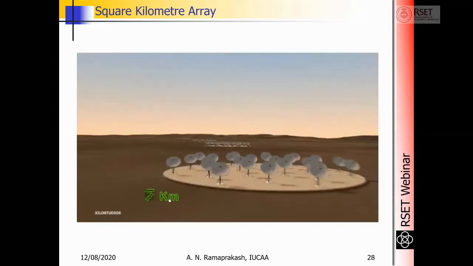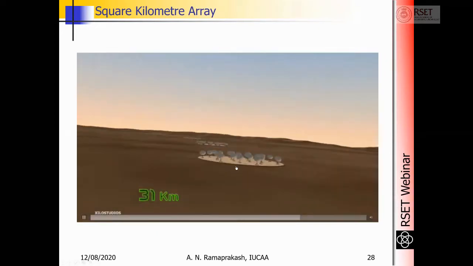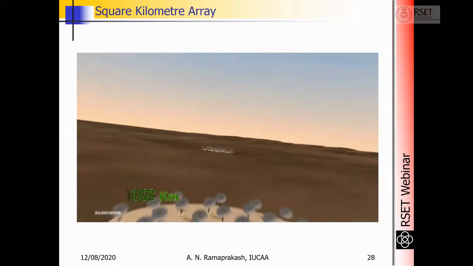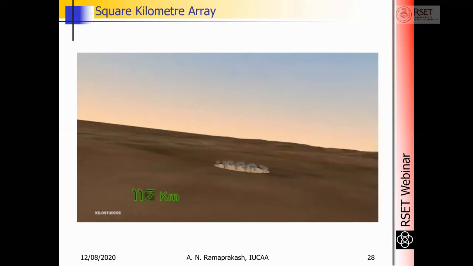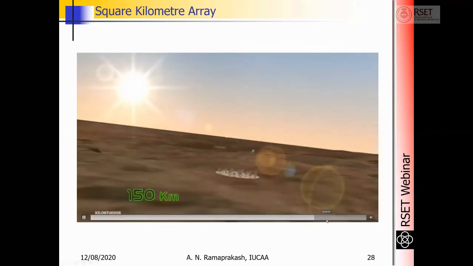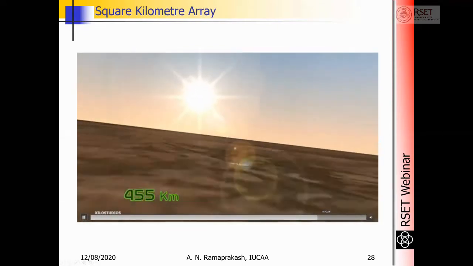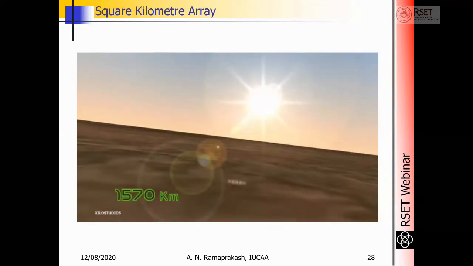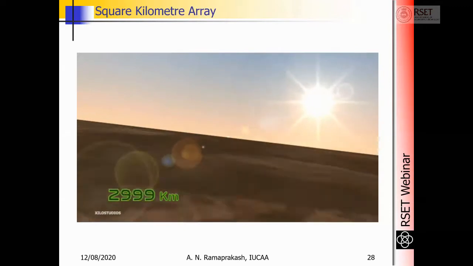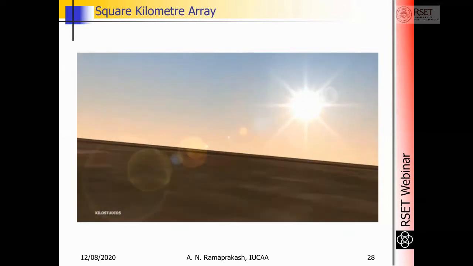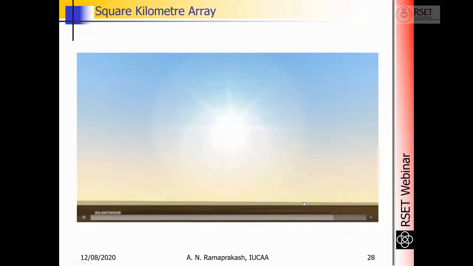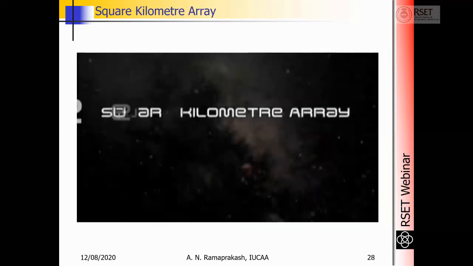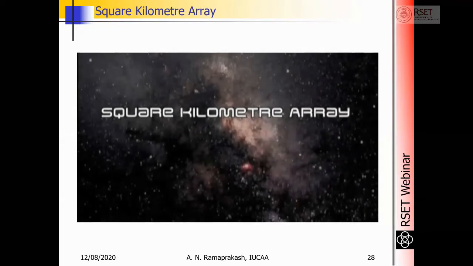So this is 12 kilometers, 25 kilometers, 60 kilometers, 100 kilometers, 150 kilometers. Now we have to travel really fast. 1,000 kilometers, 2,000 kilometers, 3,000 kilometers. So a single telescope, which is 3,000 kilometers in size. That is what is called the Square Kilometre Array.